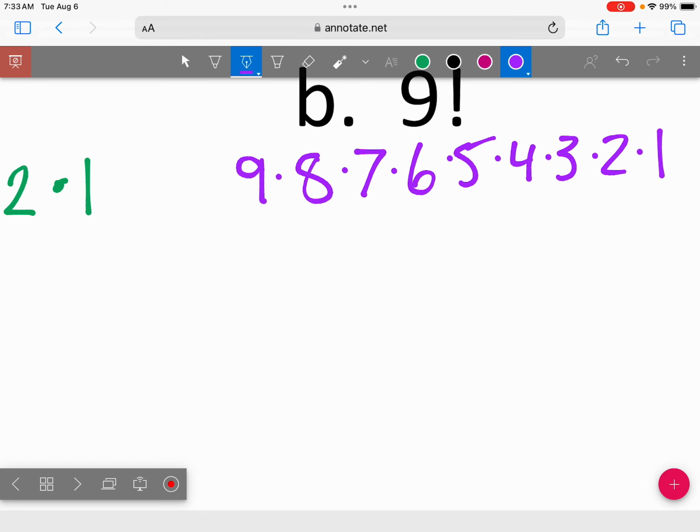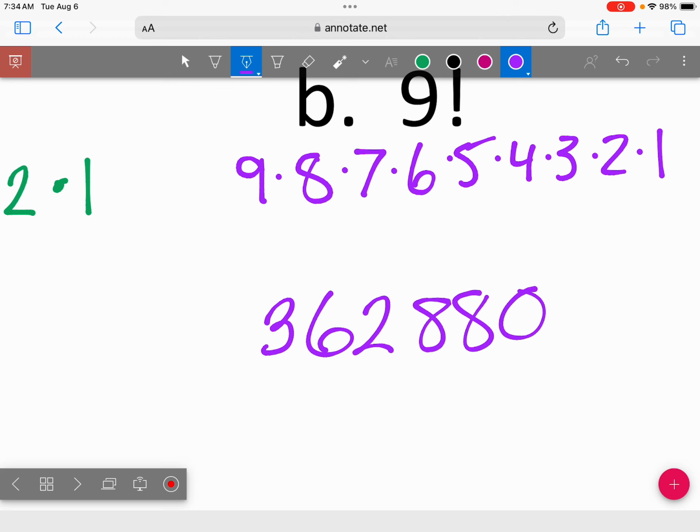They're going to get real big real quick. Yeah, it's a big one. So shout it out louder. 362,880.